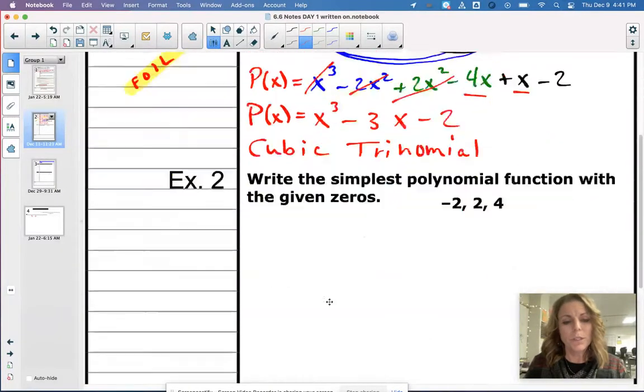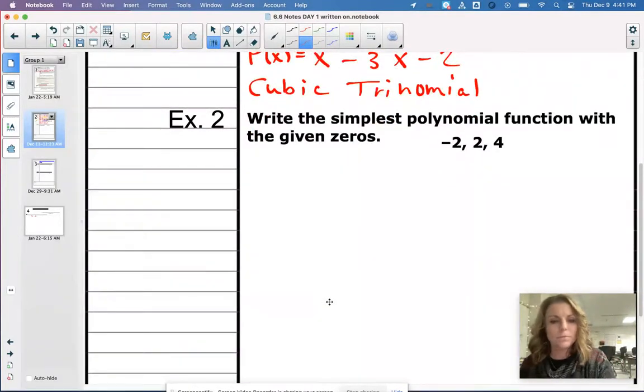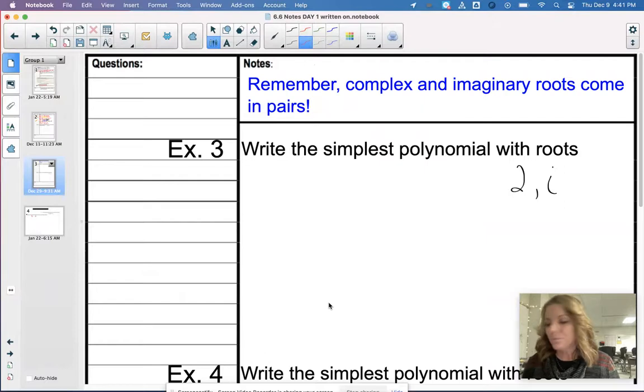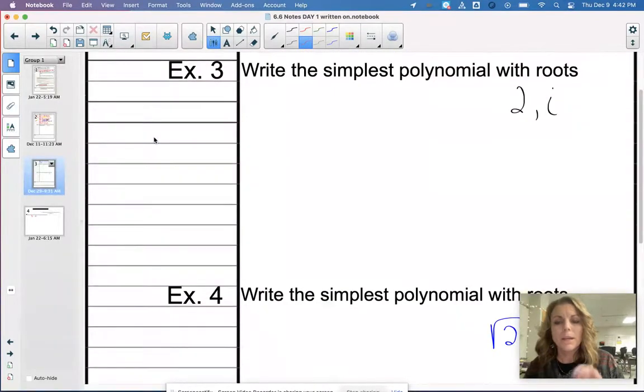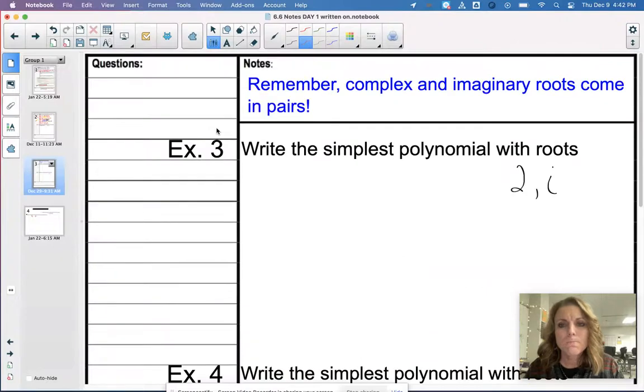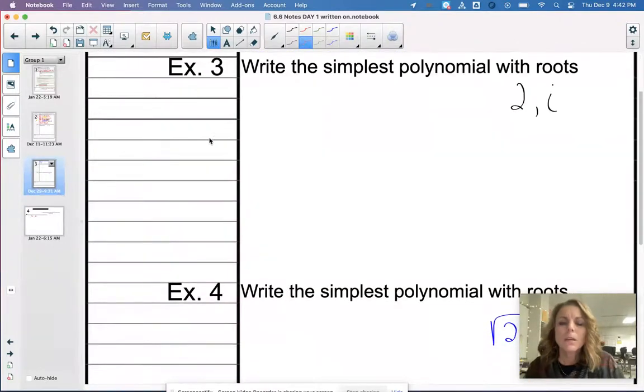Example 2, we're going to save for class. Example 3. We have a reminder: complex and imaginary roots come in pairs. Write the simplest polynomial with these roots. Well, we have a 2. That's a real root.